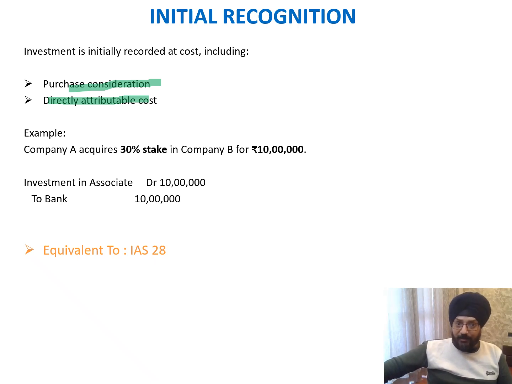For example, company A acquires a 30% stake in company B for 10 lakh rupees. The entry would be investment in associates to bank, and this investment in associate is typically shown as a non-current asset. This is equivalent to IAS 28. There is no gap. So we'll move to the next slide then.